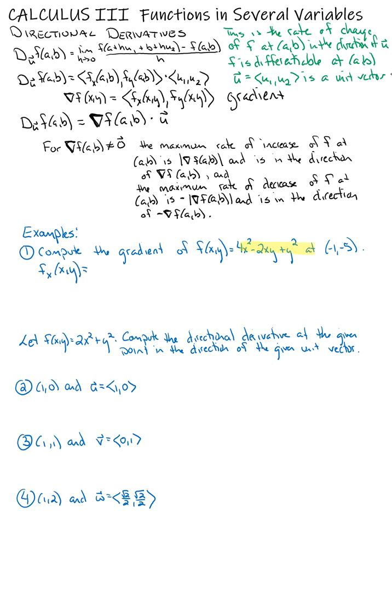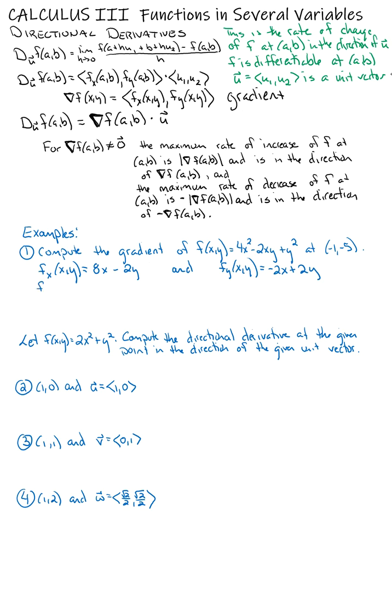Looking over here, treating y as a constant, the derivative with respect to x, we end up with 8x minus 2y. And the first partial derivative with respect to y, again looking at this here, treating x as a constant now, we end up with negative 2x plus 2y.